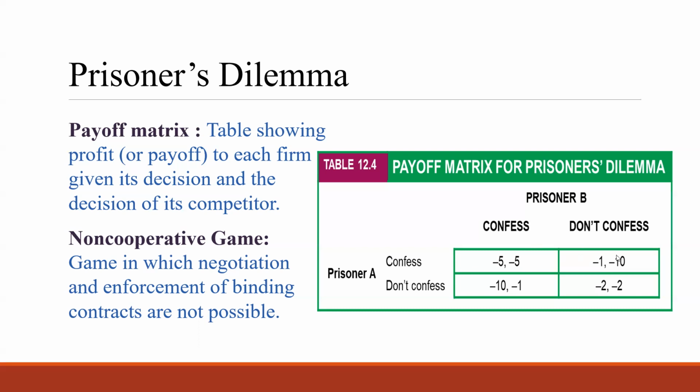But if one confesses, the other doesn't, the one that confesses, which is more collaborative, receives a reduction of penalty. That's only 1 year of jail time. But the other one who left non-collaborative or by not confessing will receive a 10-year penalty. So this is how the story is told.